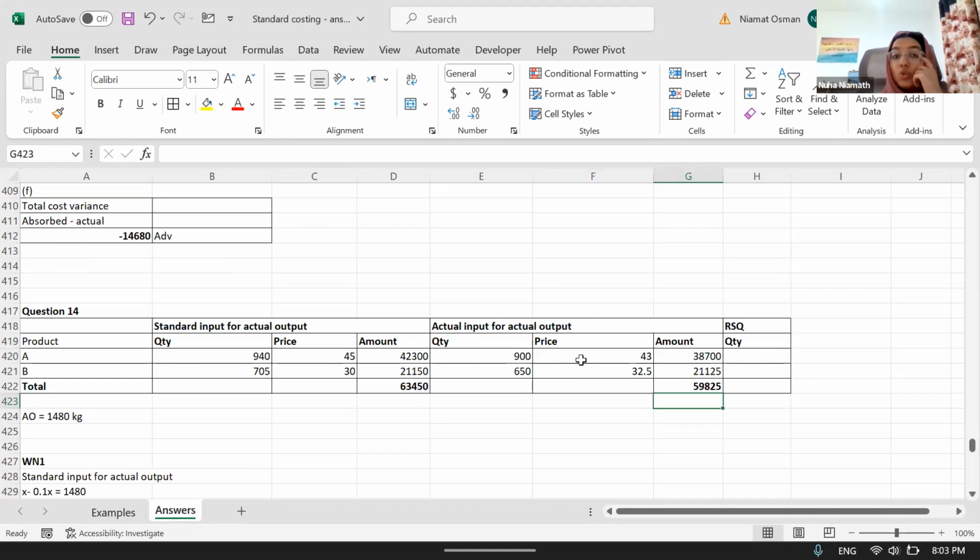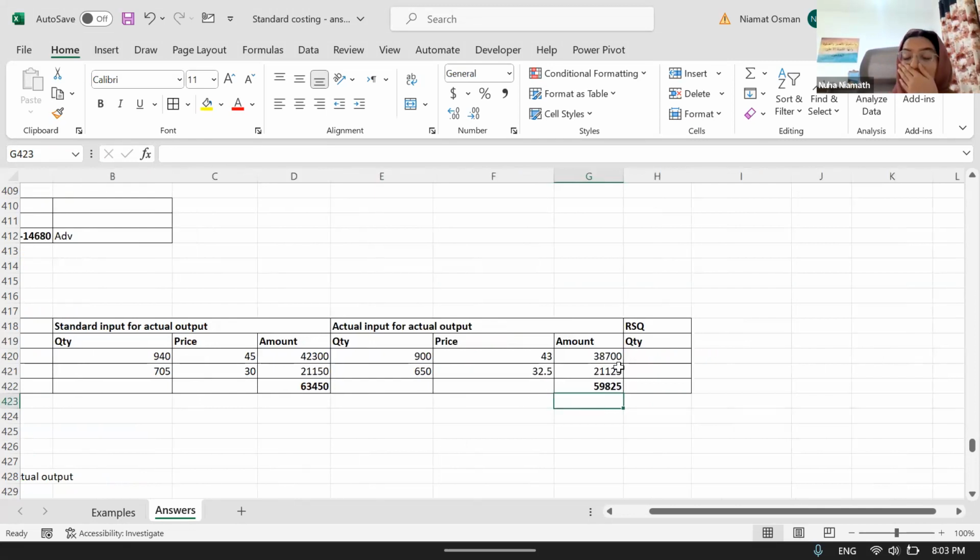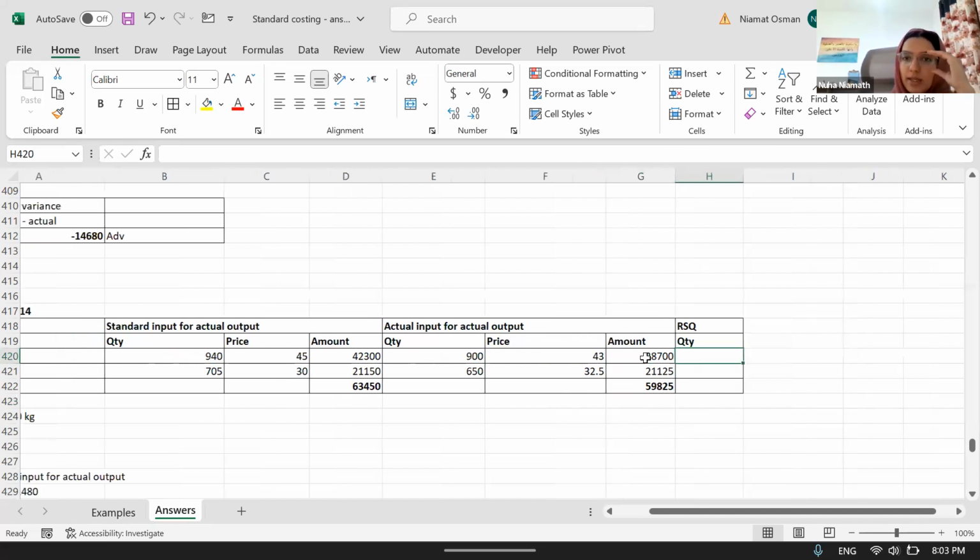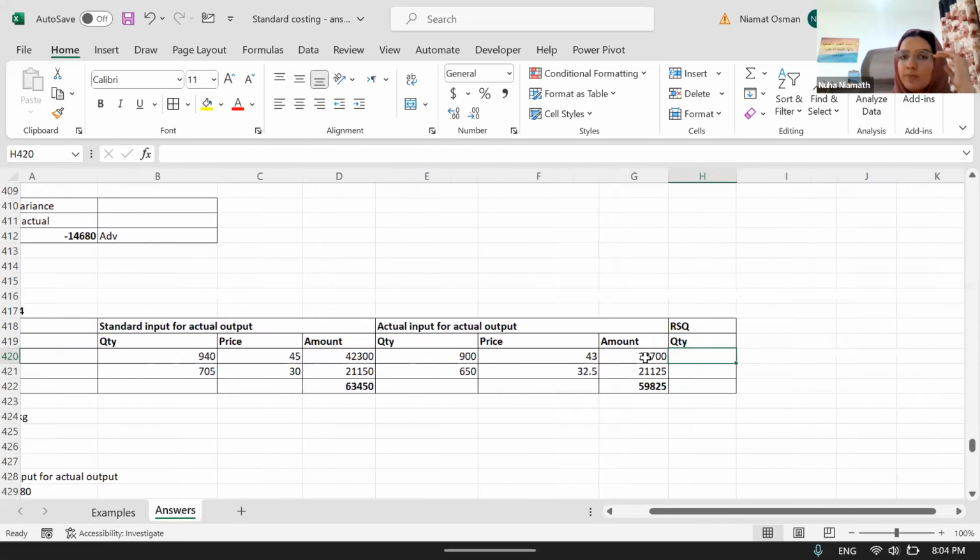Okay. Now that we have our actual quantity and we have our standard ratio, what can we go ahead and calculate? The revised actual input. How do we calculate that? Revised actual input in the proportion of the standard quantity, correct? Standard input. So can somebody tell me the formula for A? How will we calculate the RSQ?